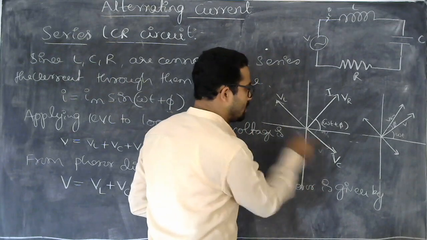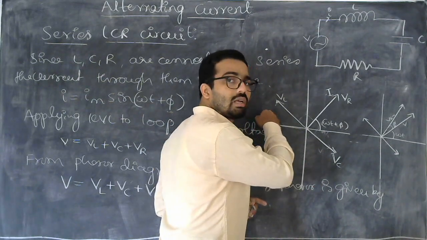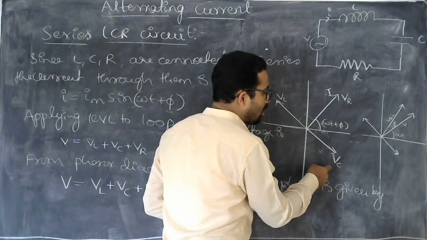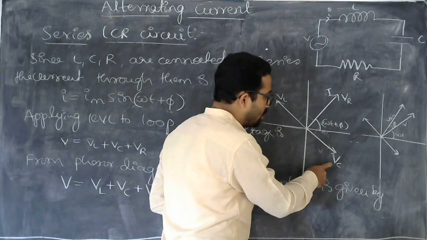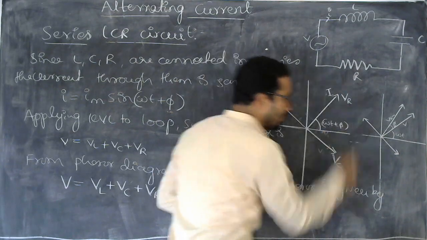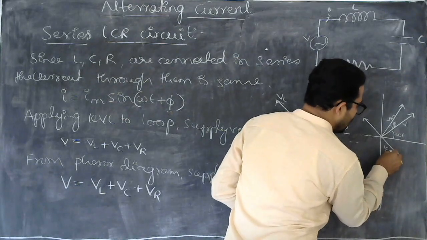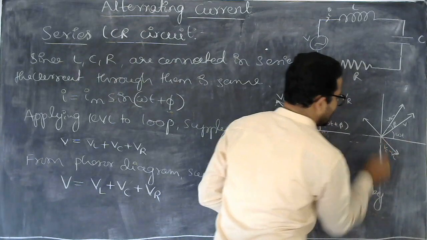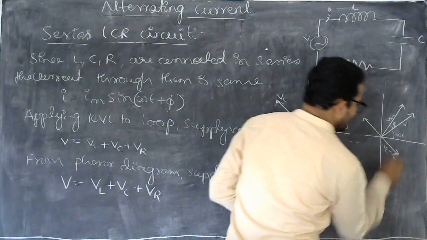Since they are anti-parallel to each other, we can write the resultant voltage, and it should always be along the direction of this, because we took the condition that VC is greater than VL. That is why its magnitude can be written as VC minus VL, which we can directly write as V. It is a resultant value. So VC minus VL.